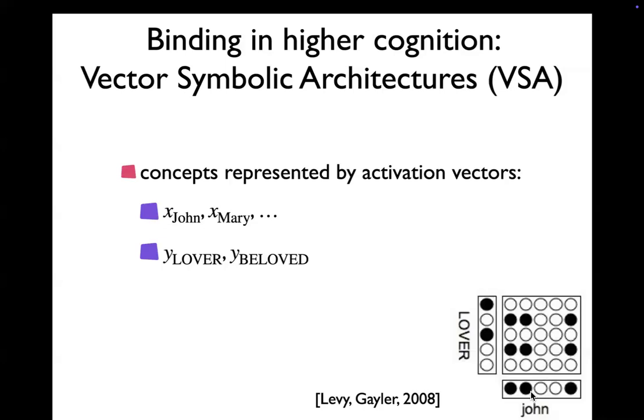And VSA is all about reducing the dimension of this matrix to have the same dimensionality as the original vectors, so that you can treat this square just like another vector, the vector of John as lover. Therefore you would have a new concept in your mind, John as lover, that can also then be bound again to something else.